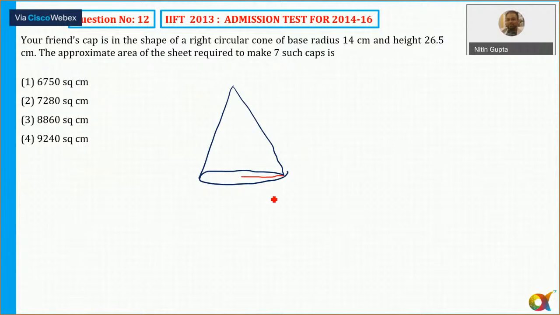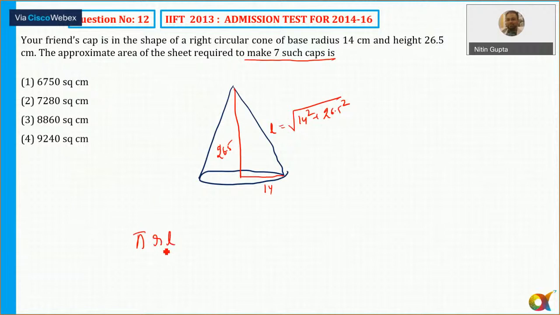This is 225. Okay, 14 square plus 26.5 square. The approximate area of this, approximate area find out करनी है. So what do you mean by approximate area? I need to find out the surface area, total surface area, or not the total surface, but the curved surface area.